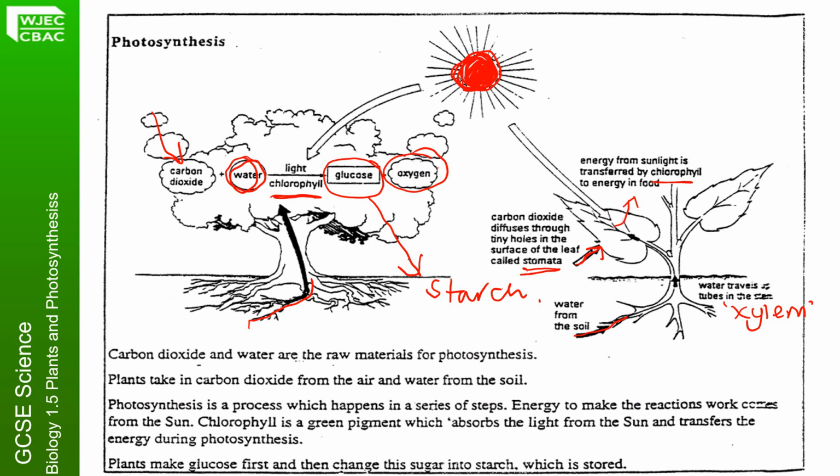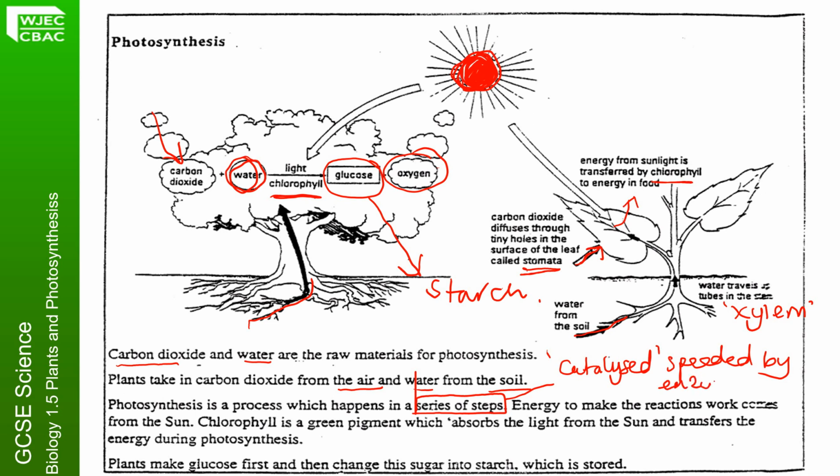So this is just a visual summary telling us what the raw materials or reactants are for photosynthesis, and how they are taken in from the air for carbon dioxide, from the soil for the water. And it's actually not just one reaction, it's a series of steps, and these reactions are catalyzed, you should recognize that word, speeded up by enzymes.